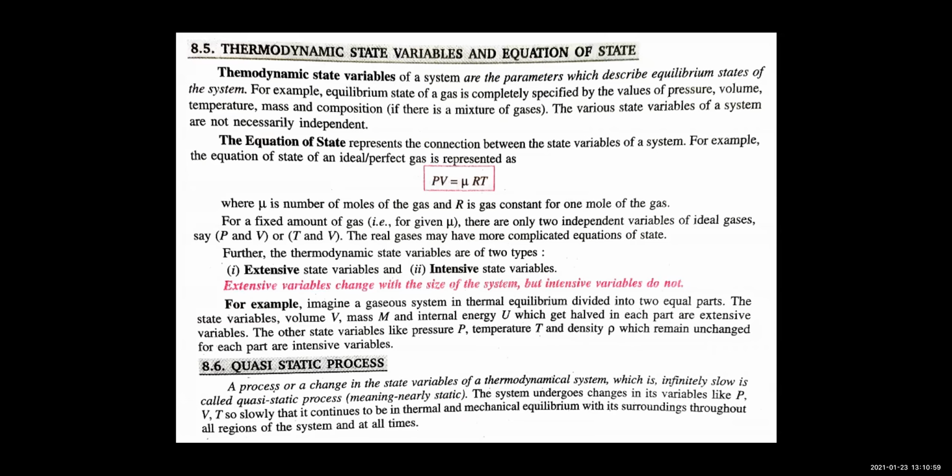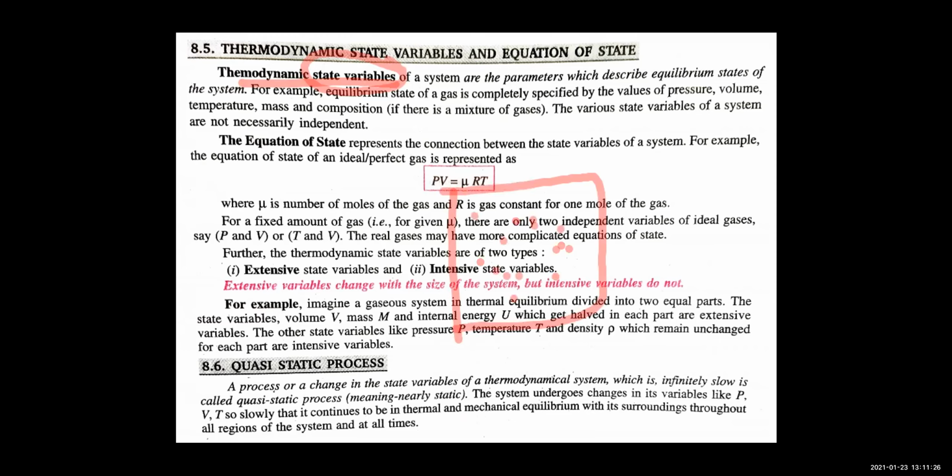So children, thermodynamic state variables are the parameters which will describe the equilibrium state of the system, right? They will give you the description about the present state of the system. Suppose in a container you have some gas.